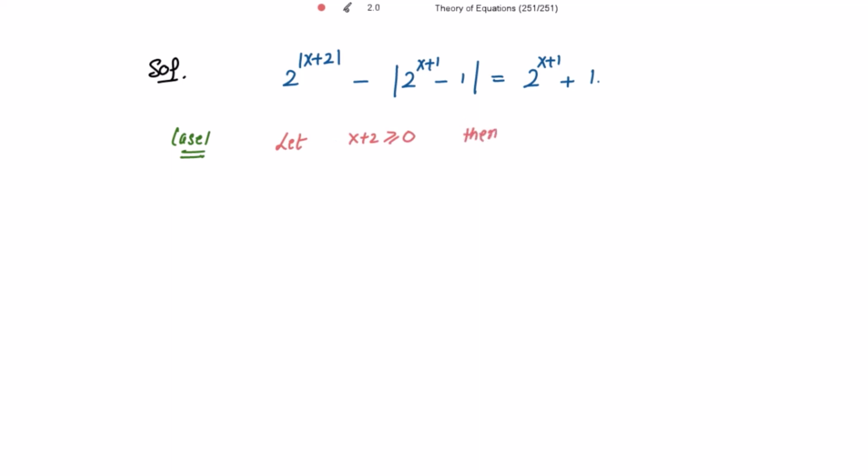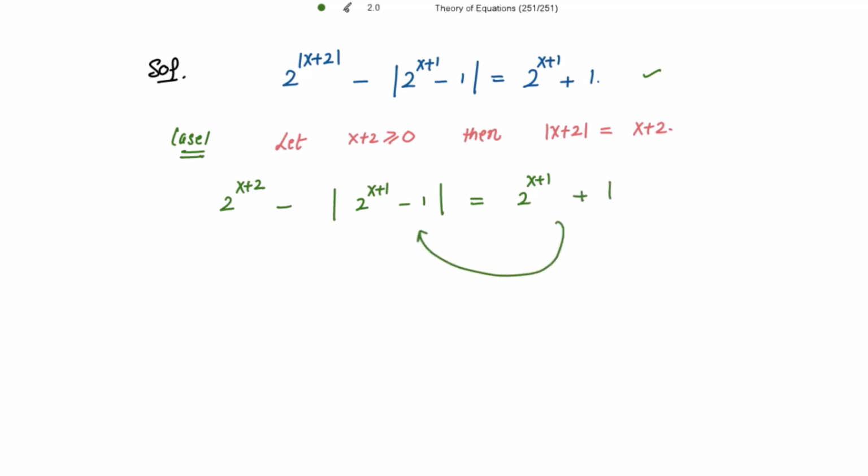Then, in this case, |x+2| is equal to x + 2. So the given equation becomes 2^(x+2) − |2^(x+1) − 1| = 2^(x+1) + 1.